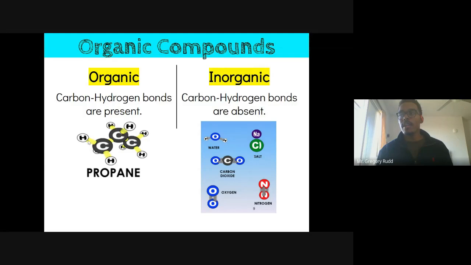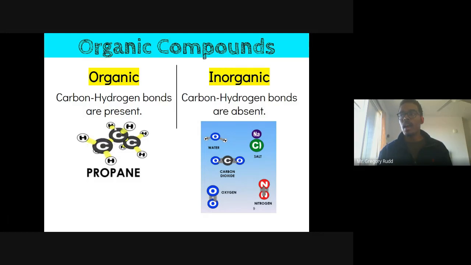All in all, it's got a total of 1, 2, 3, 4, 5, 6, 7, 8 hydrogen atoms. So its chemical formula is C3H8.